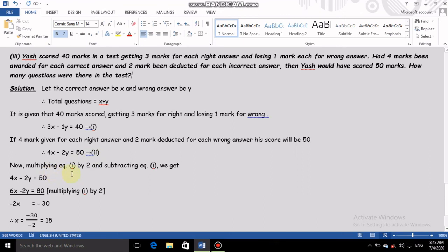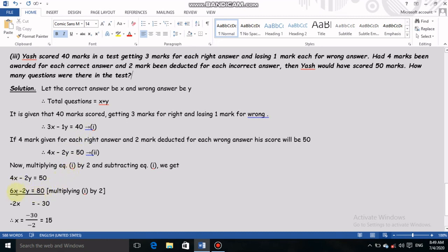Now multiplying equation 1 by 2, 6x minus 2y is equal to 2 into 40, 80.